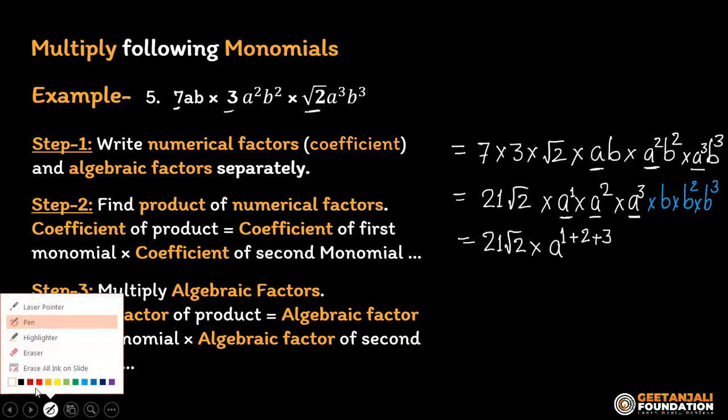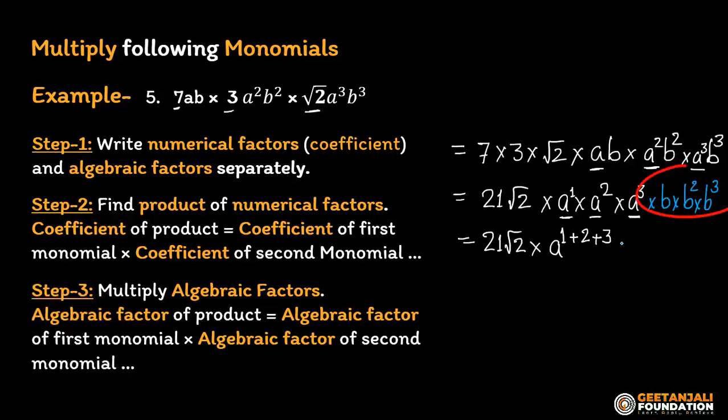Now I will write for b. It will be b raised to 1 plus 2 plus 3. So the law of exponents you can extend to any number of terms. Finally the answer is going to be 21 root 2 times a raised to 1 plus 2 plus 3, which is 6, so a raised to 6, and the same, b raised to 6.